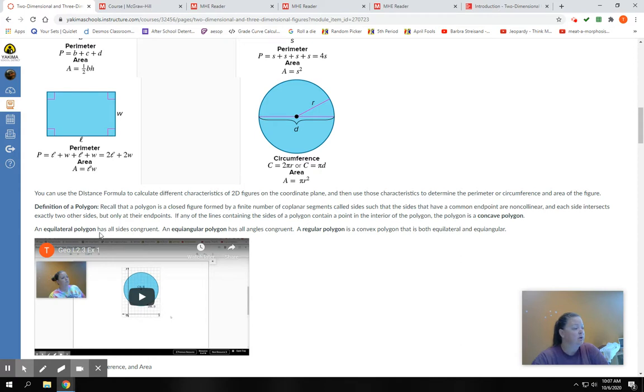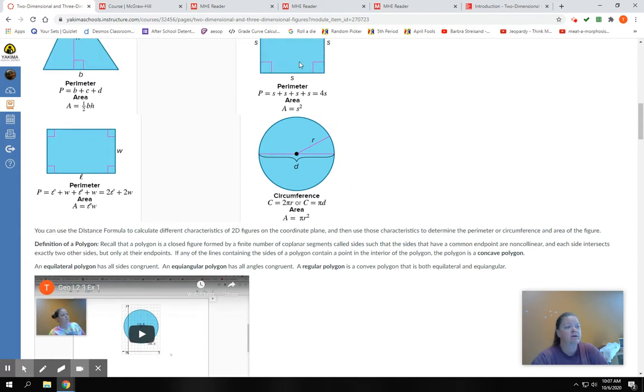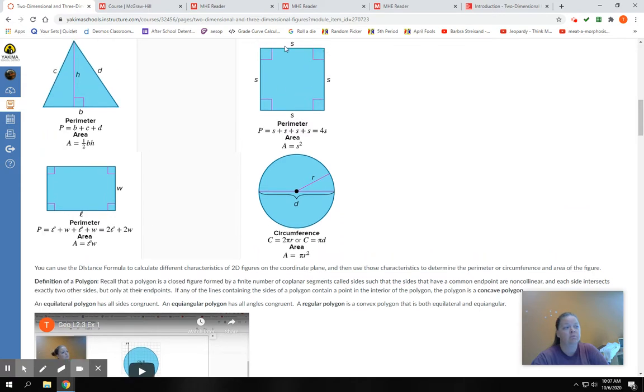An equilateral polygon has all sides congruent, right? So a square is an example of an equilateral polygon because all 4 sides of a square are congruent. Equilateral triangles are examples of equilateral polygons because all 3 sides of the triangle will be congruent. An equiangular polygon has all angles congruent. So again, a square is an equiangular polygon.